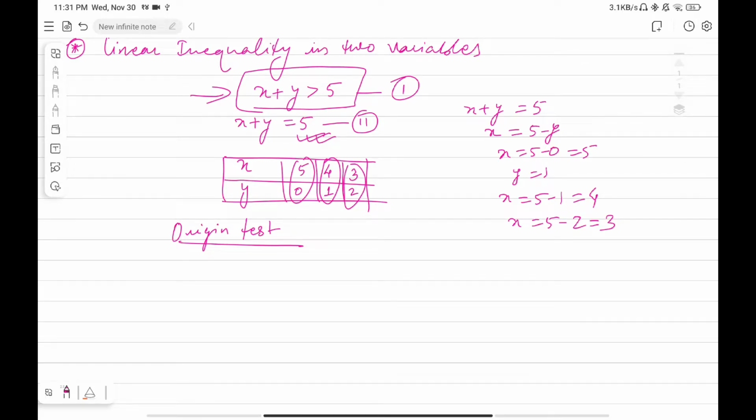In our case, if we put x equals 0 and y equals 0, we get 0 plus 0 is greater than 5. So 0 is greater than 5, which is false, because 0 is not greater than 5. 0 is less than 5. So our inequality does not contain (0, 0) as a point.